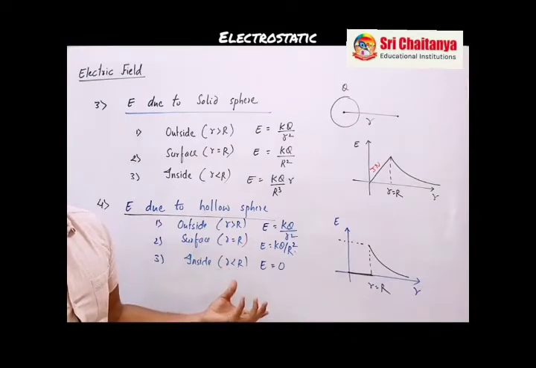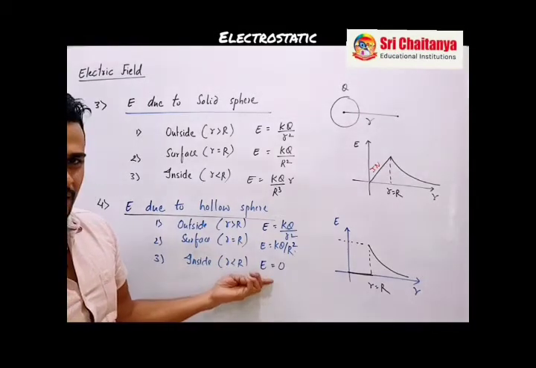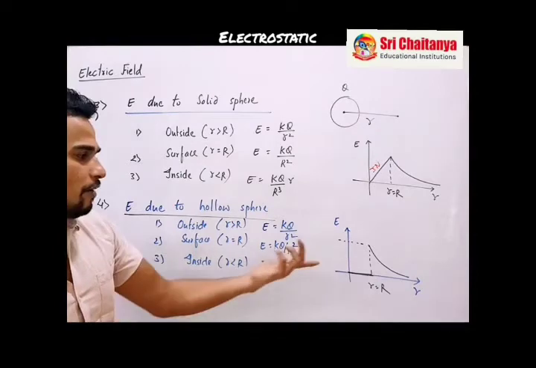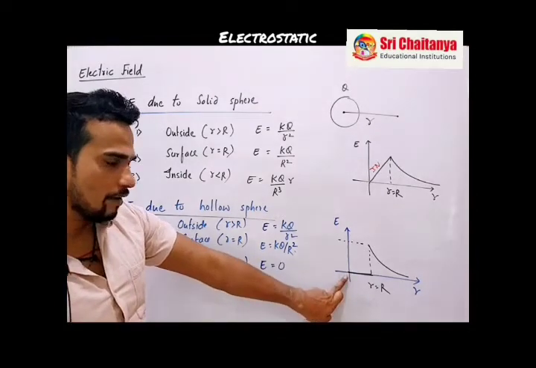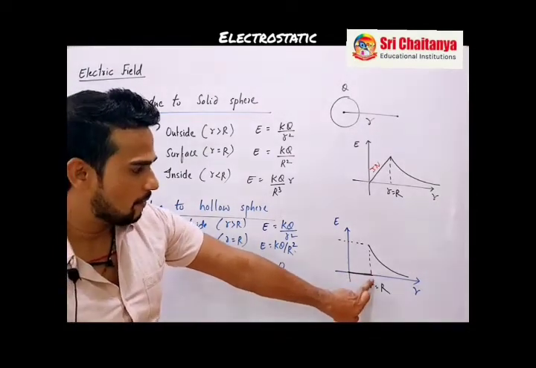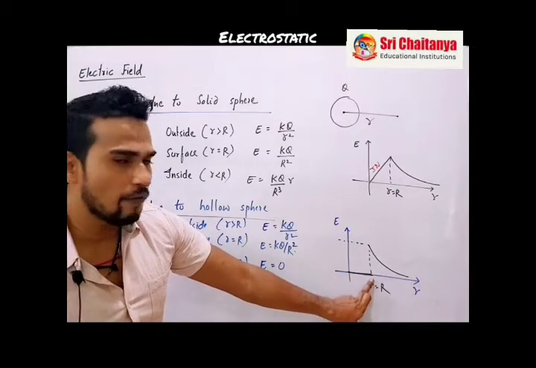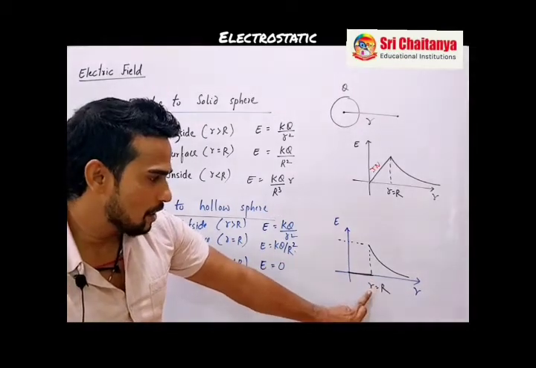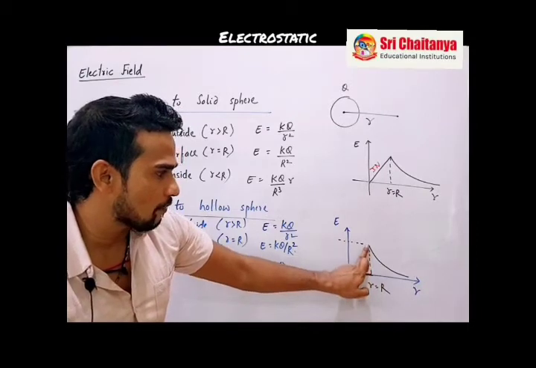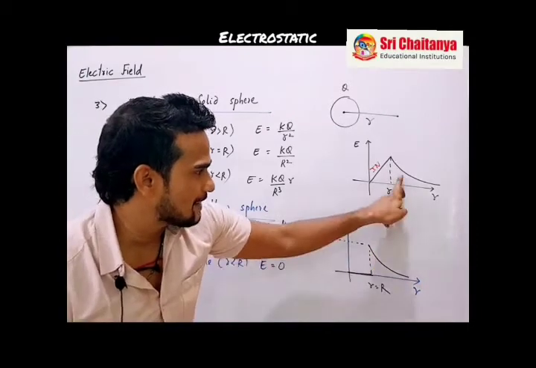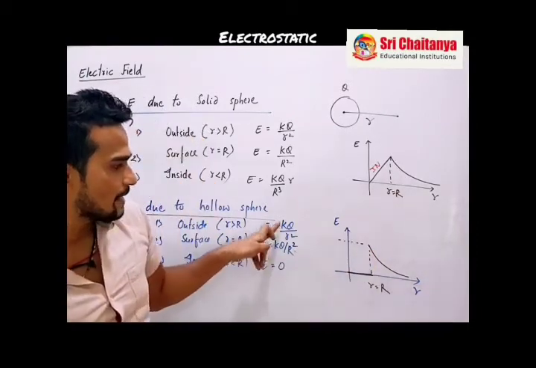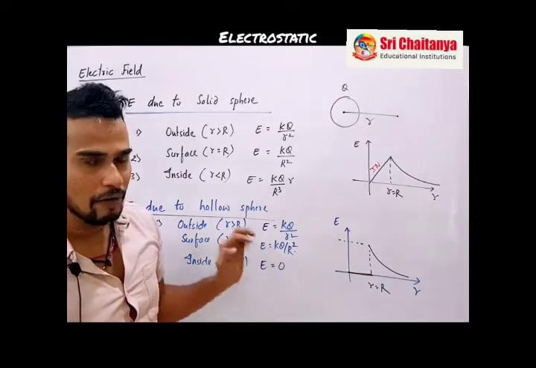If no charge is there, what will be the field inside? Inside the field will be 0. That's why you can see in the graph, from here to here, the 0 value is there. But as you reach r equal to R, that means you reach the surface, after the surface again you will get the same behavior, because outside is the same behavior, but inside the field will be 0.